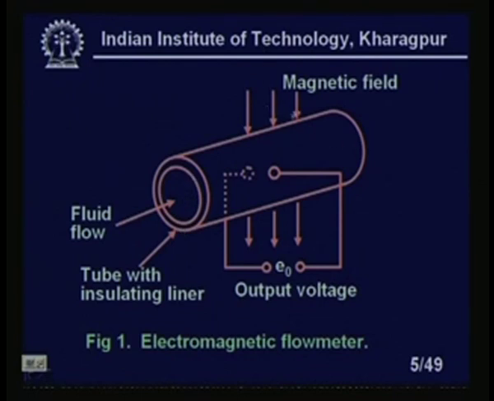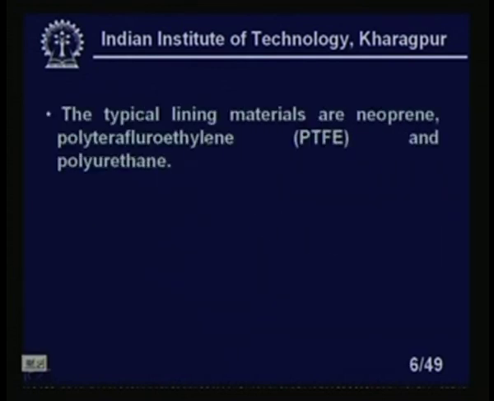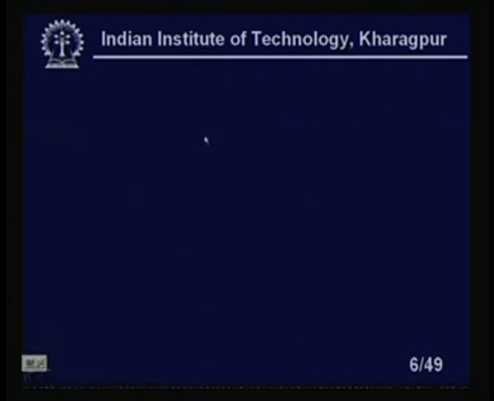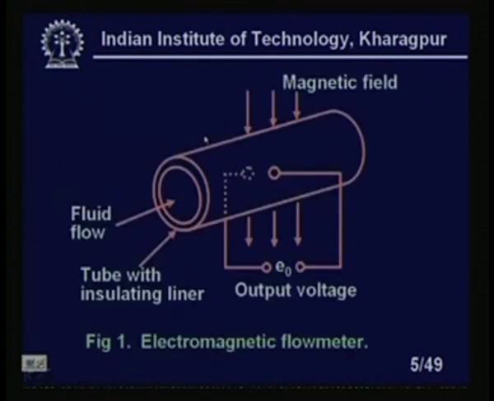We are producing a magnetic field with proper coils, and two sensors are installed diametrically opposite sides. One sensor is on this side, the other sensor on the other side, you cannot see that, and we are getting an output voltage. This output voltage is to be calibrated in terms of the flow.